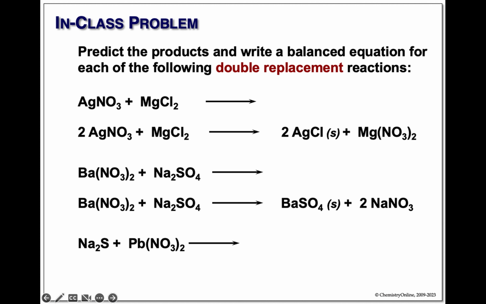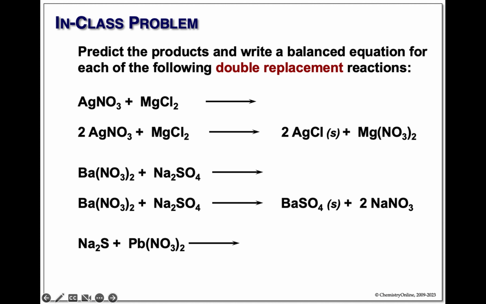Our last one here. We didn't talk specifically about sulfide. Sulfur is right underneath oxygen in the periodic table. It wants to be an oxygen, okay? So it behaves chemically a lot like oxygen. Oxides are insoluble. Sulfides are almost always insoluble as well.